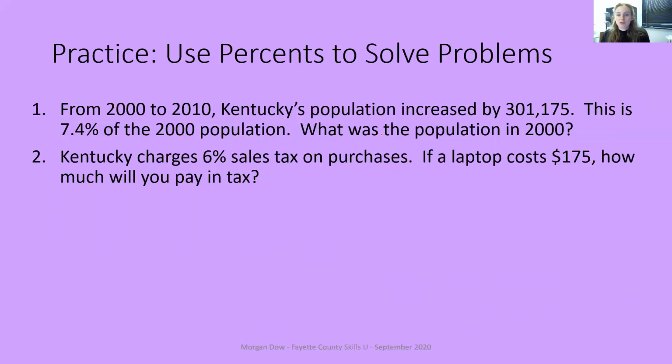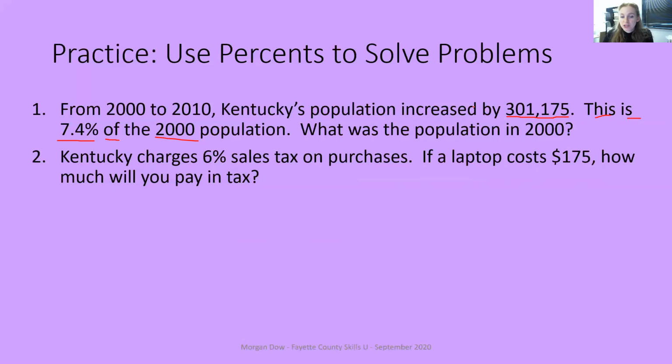What was the population in 2000? So you've got this amount that it went up. It says this is 7.4% of the 2000 population. What was the population in 2000?